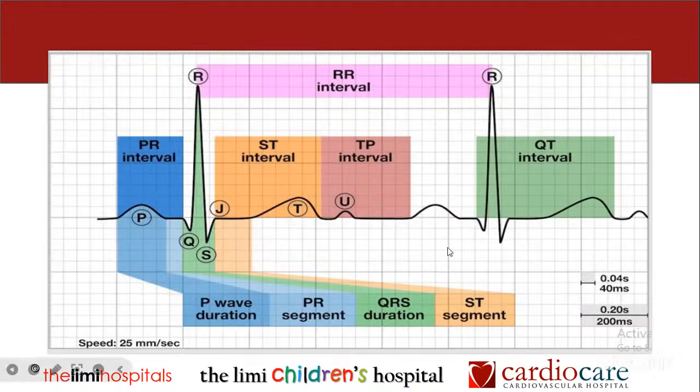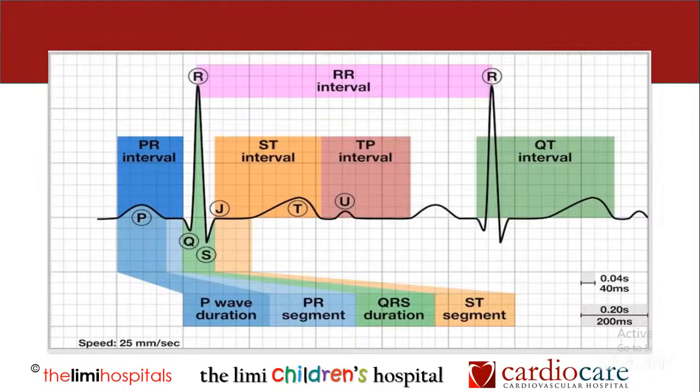Two things I want you to look at. Forget every other line. I want you to look at these two tall guys there, the R waves, and at the interval or the time between them.